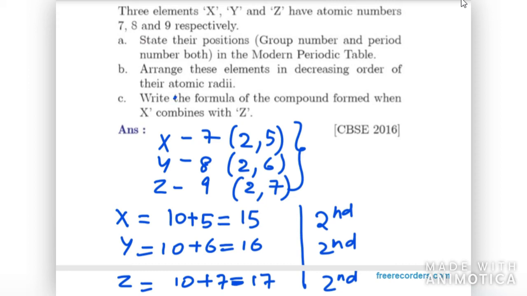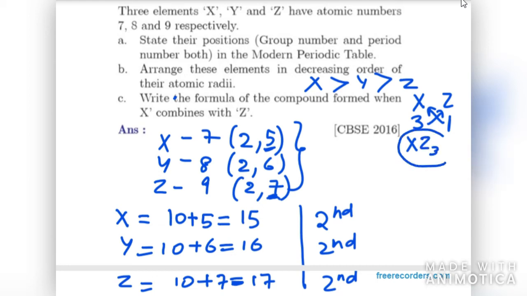Now in the B part, we have to arrange these elements in decreasing order of their atomic radii. So X will be the greatest one, then Y, then Z. Then we have to write the formula of the compound formed when X combines with Z. That means we have to combine X with Z. Z has a valency of 1 and X has a valency of 3, since 8 minus 5 is 3.